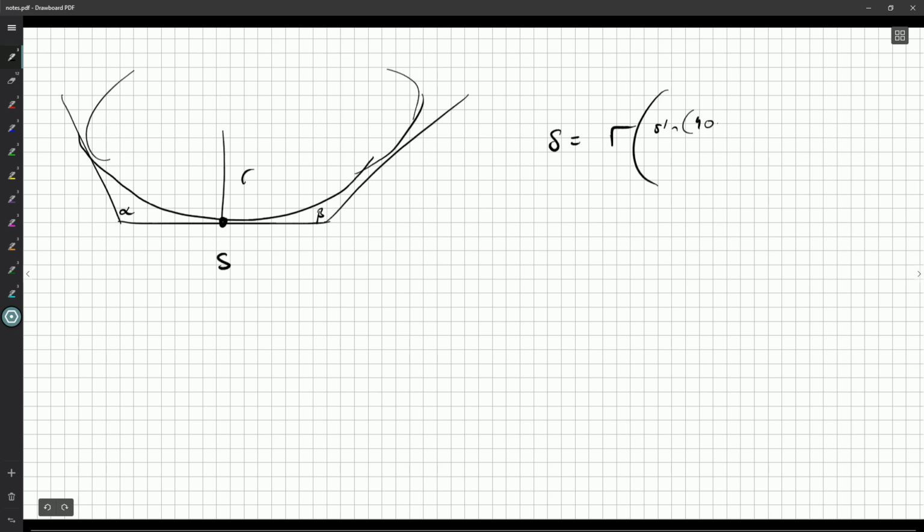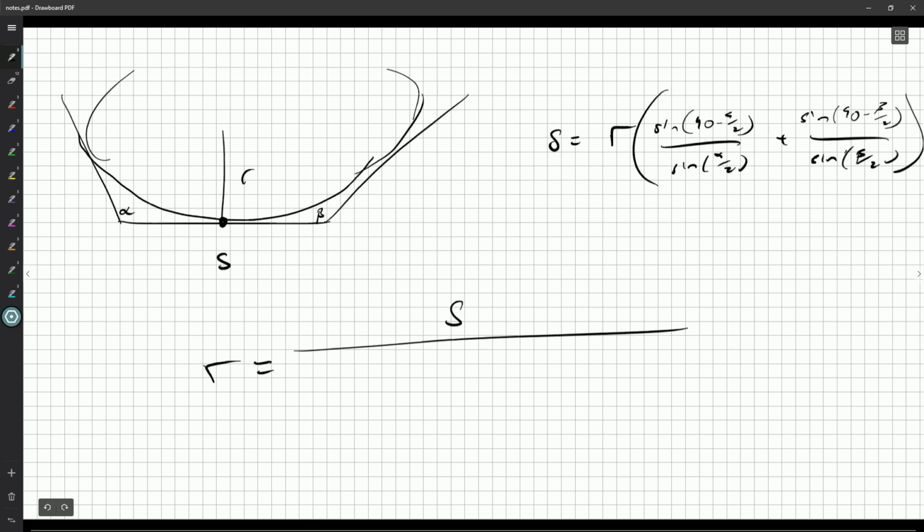It's R times sine 90 minus alpha over 2 over sine alpha over 2 plus sine 90 minus beta over 2 over sine beta over 2. Okay? Or if we know S, we can now rearrange and just say, all right, the radius of the circle that touches all 3 of these must be S over these ratios of sines. Okay?